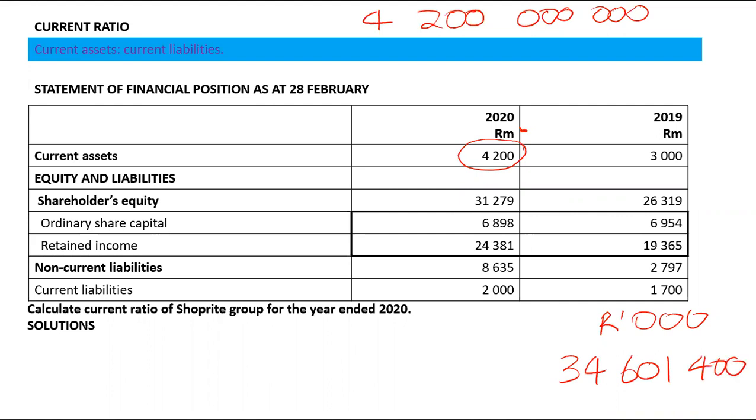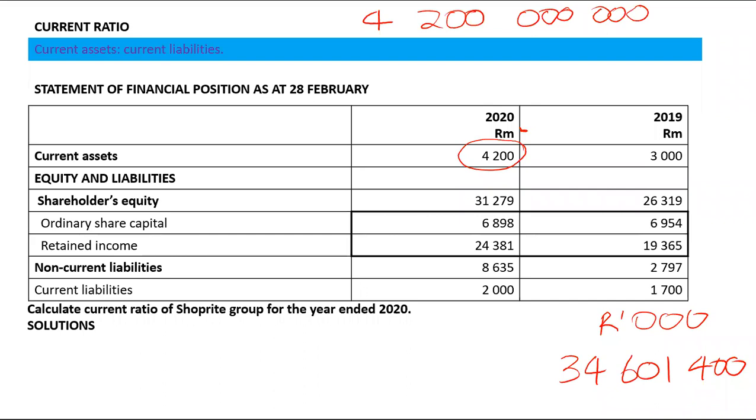Then what is that? $34 billion, 601 million, 400. Correct. All right, that is perfect. Okay, I'm going to move on.